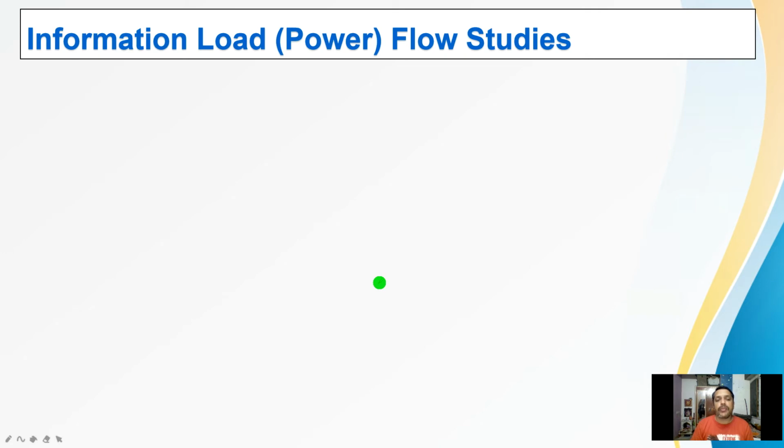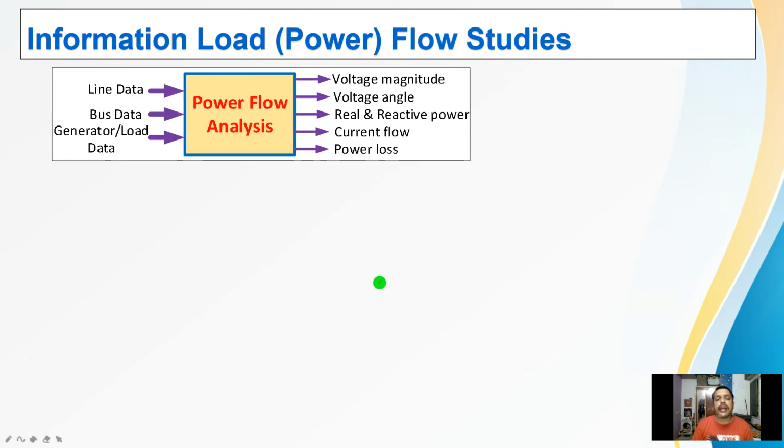So what information will you get from the load flow analysis? Let's begin with the diagram. In the power flow or load flow analysis, the inputs are line data, meaning transmission line data, then bus data, the information of the bus, whether that bus is connected to a generator or load, or it is a voltage control bus. Generator and load data, what generation is available and what the load at the particular bus is, are the inputs to that bus.